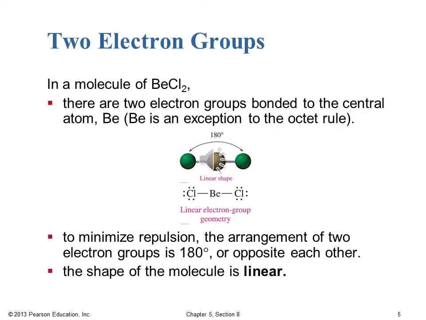So to minimize those repulsions, as we see in our picture there on the screen, the arrangement of those 2 electron groups is 180 degrees, or completely opposite one another, and the shape therefore is linear. We get a straight line relationship between chlorine 1, the beryllium center, and then chlorine 2. That's the best way in 3 dimensions to separate the electron density and minimize those electron-electron repulsions. So we get a linear molecule in the case of our 2 electron groups about the central atom.